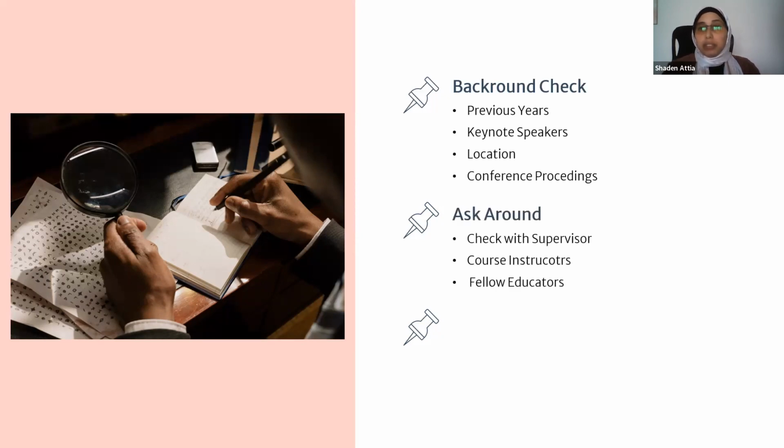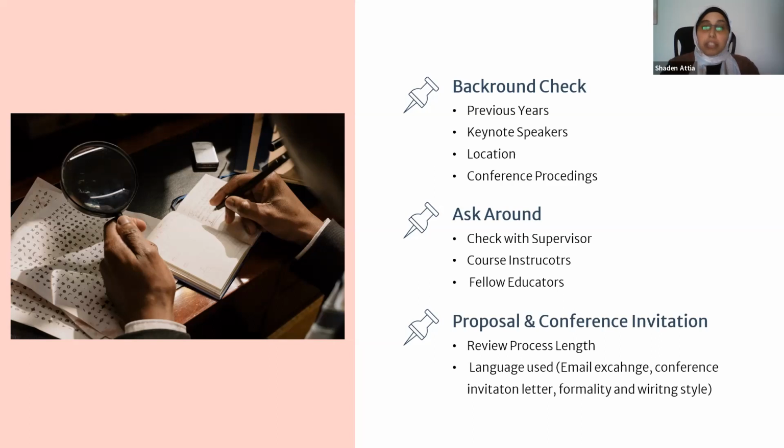Also ask around if you're not sure. You can check with people like your supervisor, course instructors who taught you before, or even fellow educators. And finally, there are a couple of things that can help you know whether this is a legitimate conference or not.